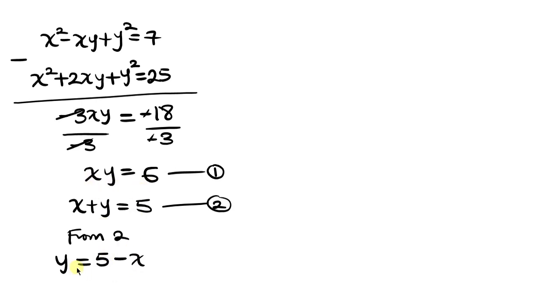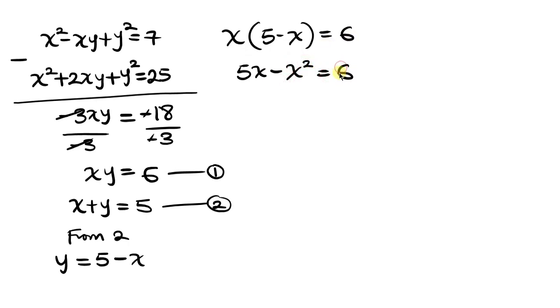That means wherever I see y, I'm going to be putting 5 minus x. So we have x times 5 minus x to be equal to 6. Now let's open up the bracket. X times 5, that's 5x, minus x times x, that's x squared, equal to 6.